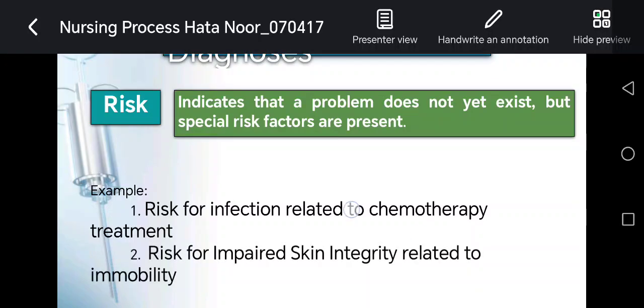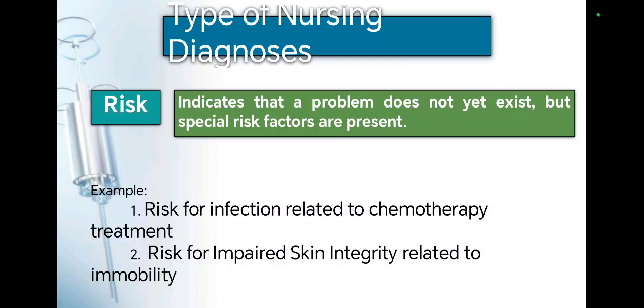So another is risk for impaired skin integrity related to immobility. Again, risk indicates a problem does not yet exist. However, there are special risk factors present in your patient that may contribute to a larger problem or an actual problem.